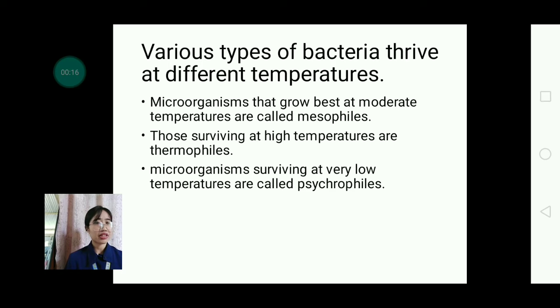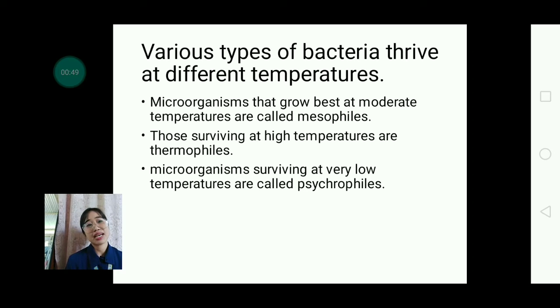These are bacteria that grow in not so cold and not so warm conditions. Those surviving at high temperatures are thermophiles. From the word thermo, it is hot. Microorganisms surviving at very low temperatures are called psychrophiles. These are bacteria that grow in a cold area.